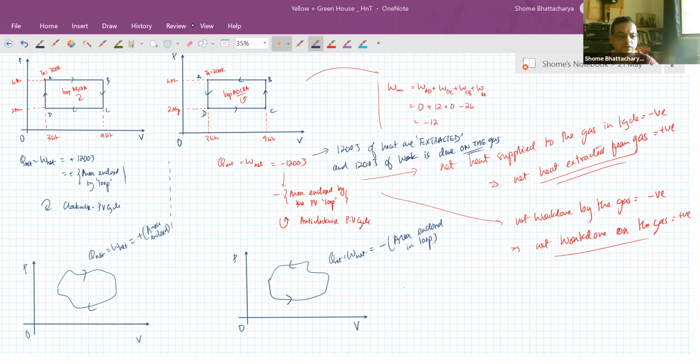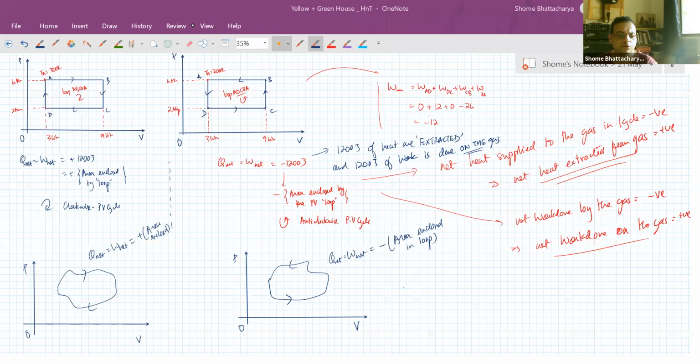Yes, that is correct. For any cyclic process, Q net will have to be W net because delta U is zero. So cyclic process means your state function's net change is going to be zero because you're coming back to your original state. So as a rule, Q net will be equal to W net for one cycle.